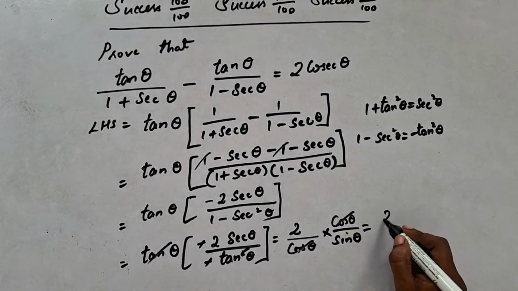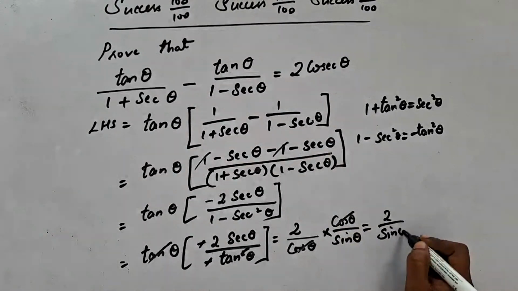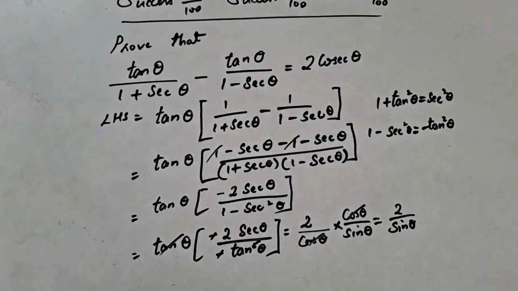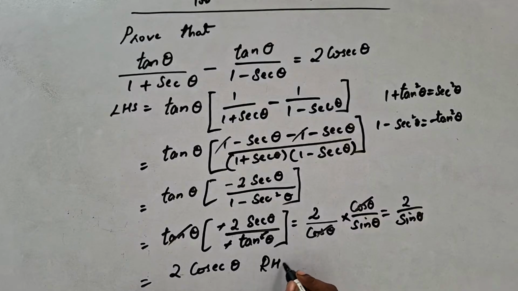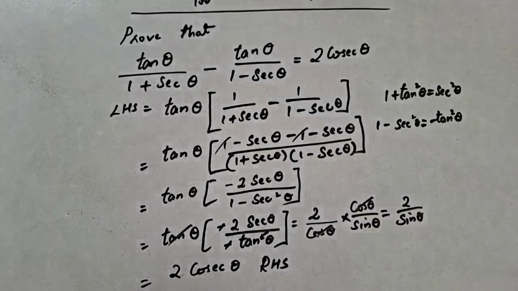That is equal to 2 by sin theta, and 1 by sin theta can be written as cosecant theta. So 2 into cosecant theta, that is my RHS. Therefore, LHS equal to RHS.